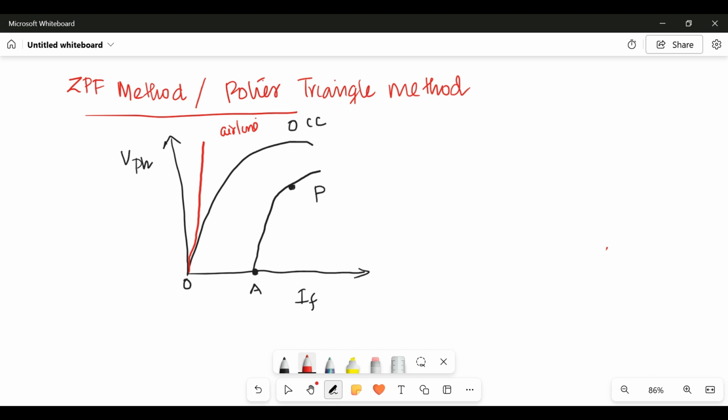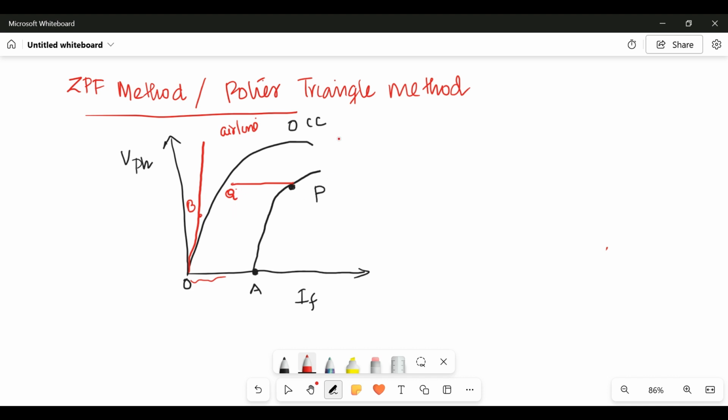Then from P, draw a line PQ parallel to OA and equal to OA. The magnitude of PQ should be equal to OA and that line should be parallel to OA.